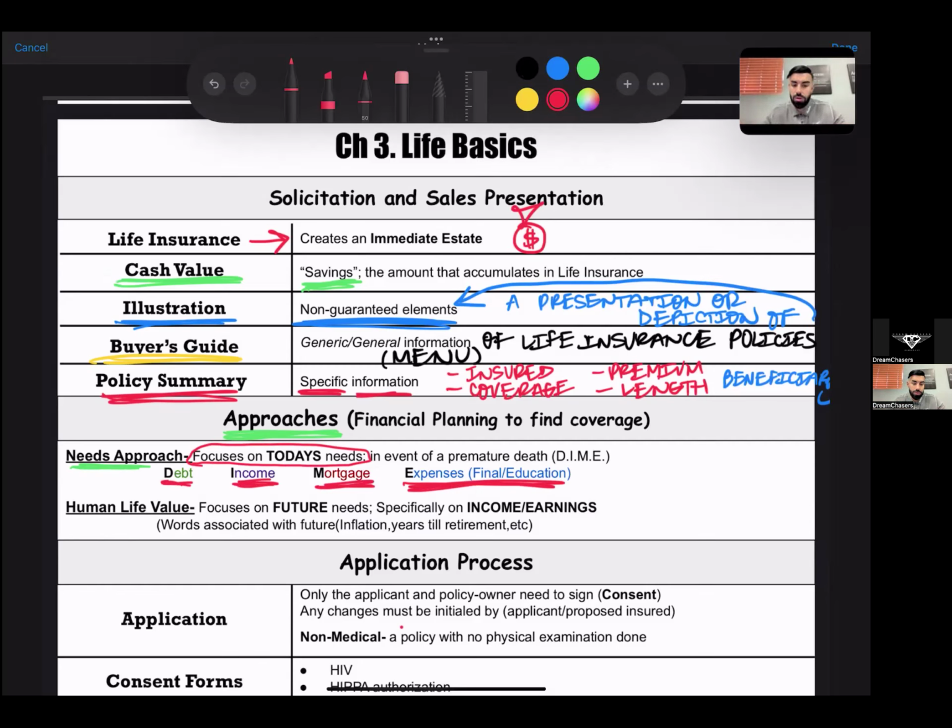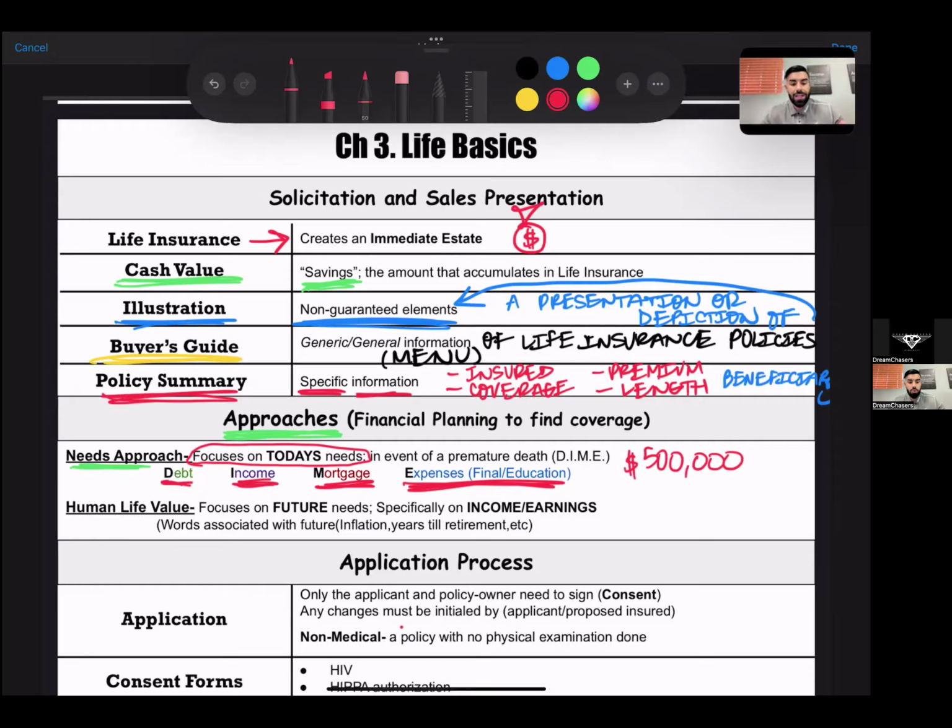So let's say you take all those things into account, that will determine, for example, that I should minimum have $500,000 of coverage to make sure that my debt's paid off, replaces my income, my mortgage is paid off, and final expenses are taken care of.